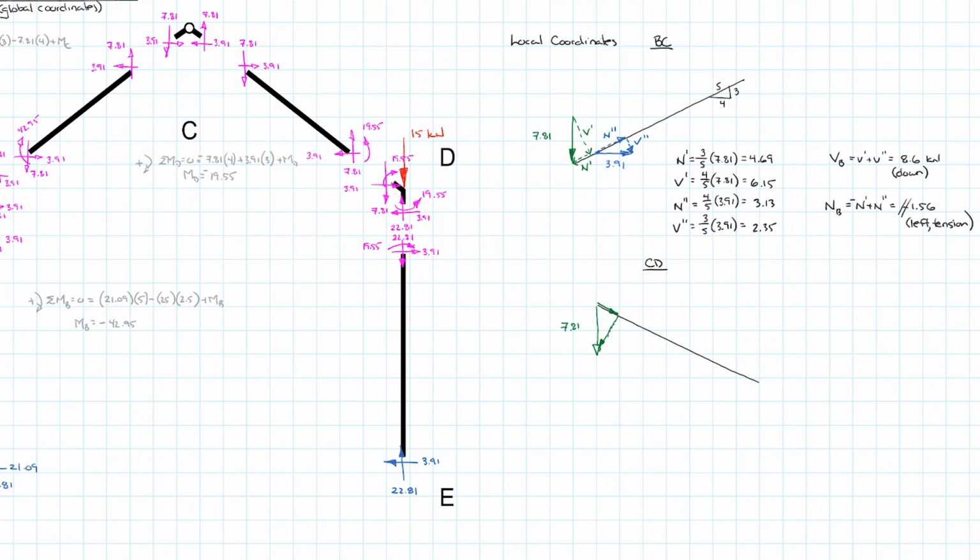And our 3.91 is acting to the right, and it will need components. Notice that these are always drawn at right angles to the member. I'm going to label these. The green in the first case is going to be N prime, and that will be V prime.